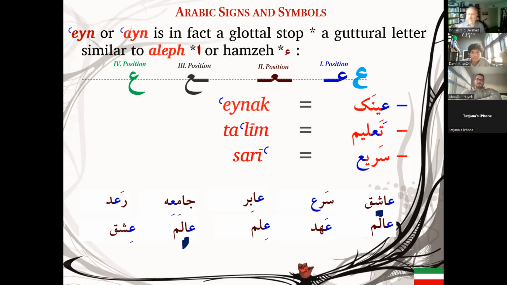You see the critical position and role of the i'rab in Persian, these vocalizations, because without them, even me as a native speaker, even Abdullah as a native speaker, if it is ripped from the context and somebody writes just this word for you, you wouldn't know whether it is a knowledgeable person, alim, or the world, alam.